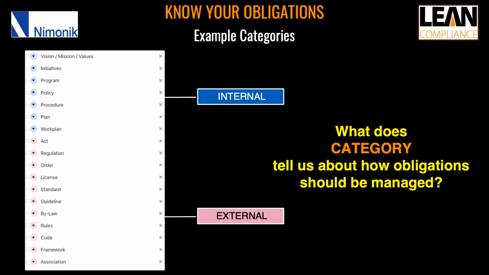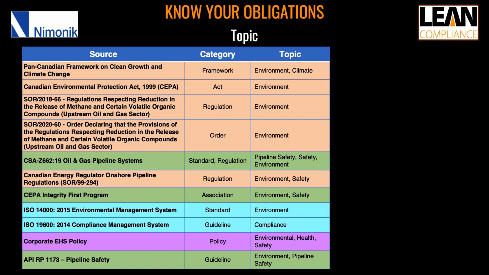But that's not the only thing that we need to know. The other thing is each one of them will come with a different set of areas that they want to focus on. We can call those topics for today. The concern they're trying to address could be environmental concerns, climate concerns, safety, or a combination of all of these and others.